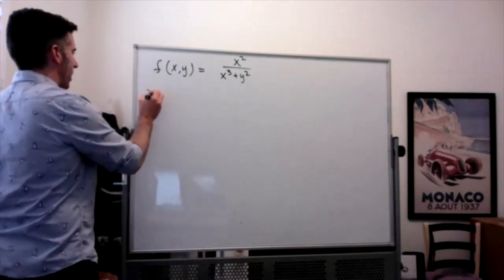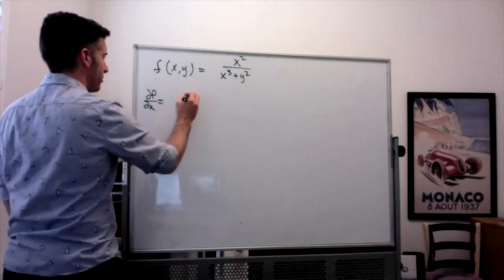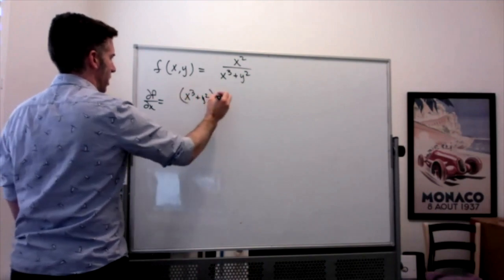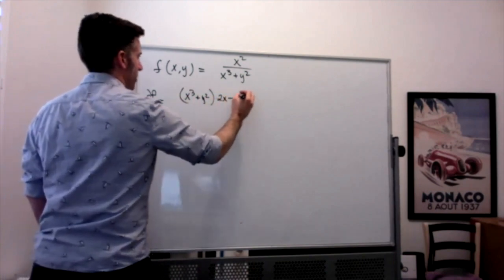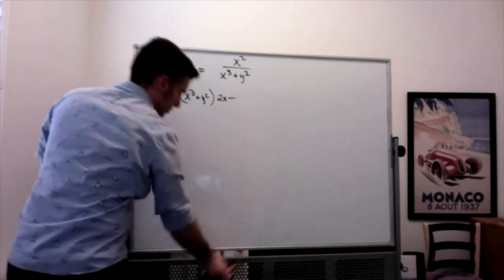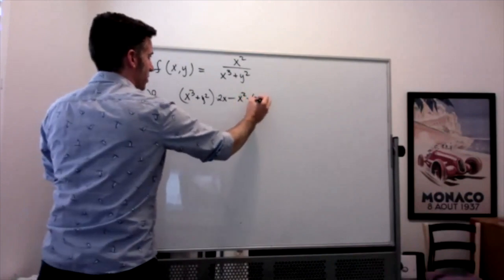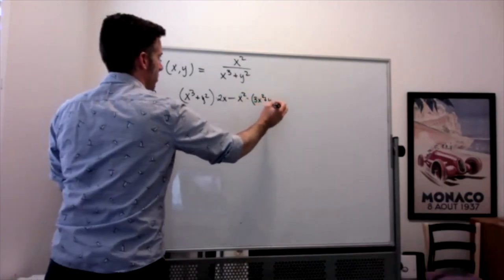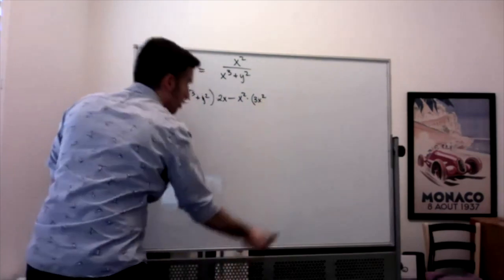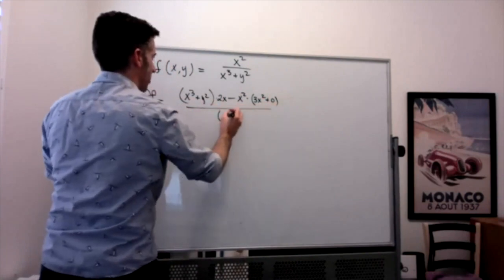Let's find del f del x, which is going to be the bottom times the derivative of the top minus the top, which is x squared, times the derivative of the bottom, which is 3x squared plus 0, all divided by the denominator squared.